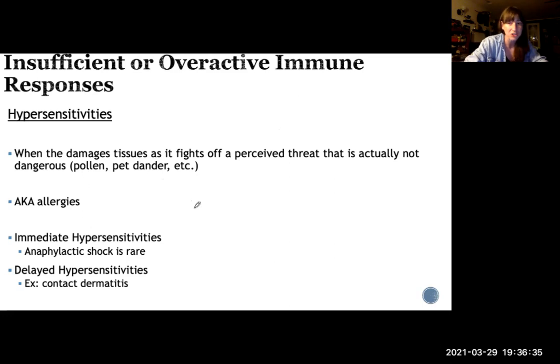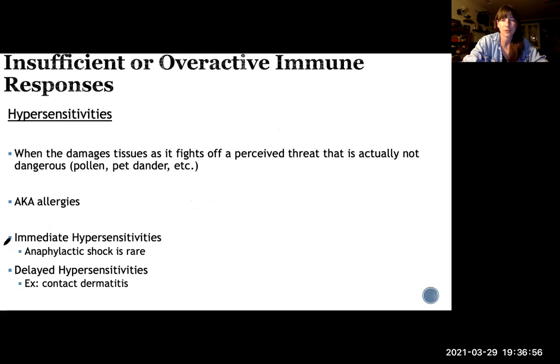Anything else that you can be allergic to. It's been perceived as an antigen. Whether or not it's actually dangerous to the body, oftentimes it's not, and it's really just a pain in the butt. It usually doesn't do any more harm than just being very, very annoying.